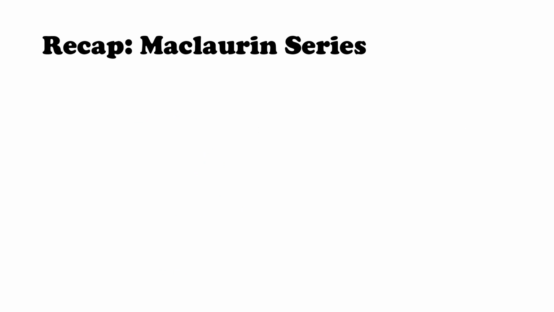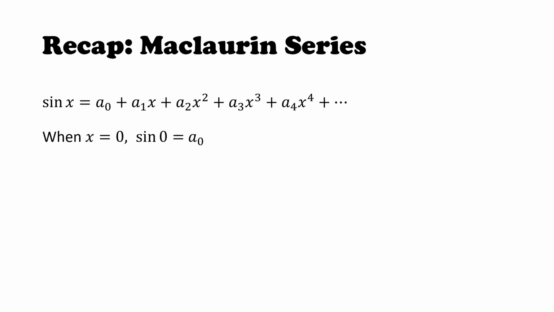So before we go into the polynomial series proof, we need a quick recap. Firstly, the general idea of Maclaurin is that it rewrites a function of x into an infinite polynomial series, otherwise a0 plus a1x plus a2x squared, and so on and so forth. Now let's take the example of sine x. We can find a0 by just substituting x equals 0. So when x equals 0, a0 equals sine 0, and that tells us that a0 equals 0.